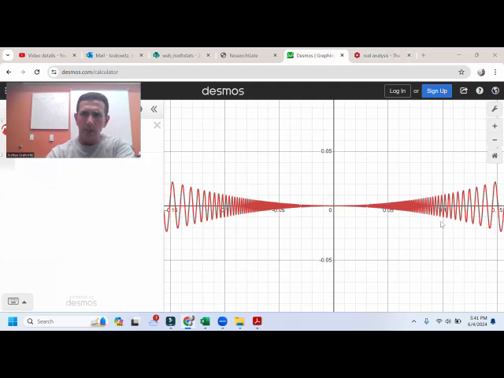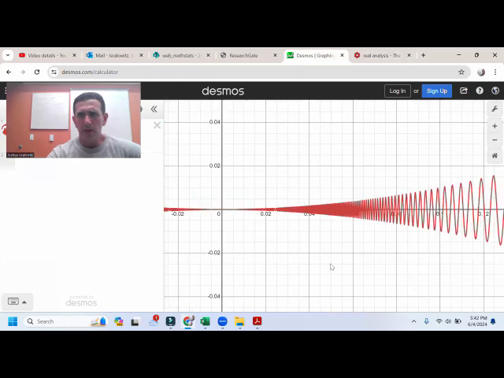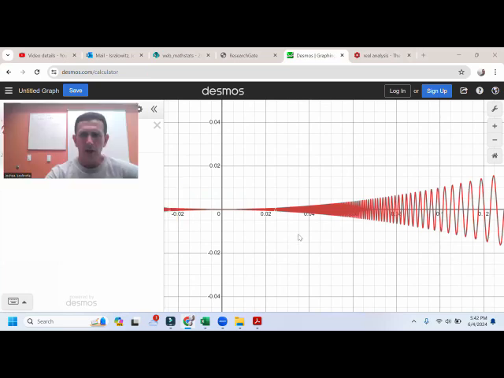And it's not really surprising that this would not be absolutely continuous, because you just have really, really dramatic oscillation going on. The x squared here makes things go to 0 as x gets closer to 0, because sine of 1 over x squared is bounded between -1 and 1.